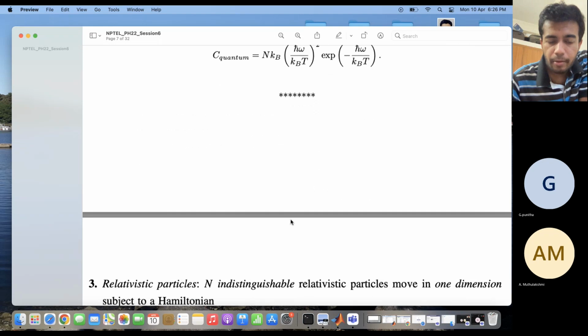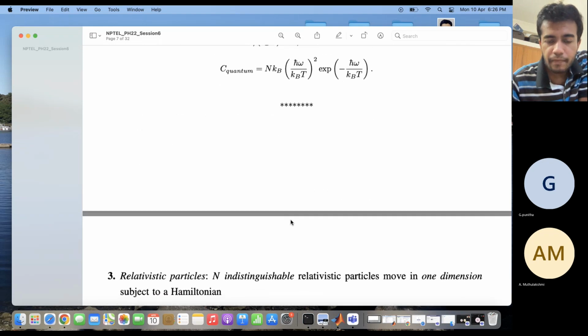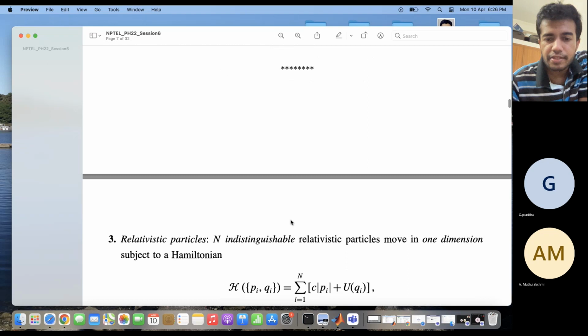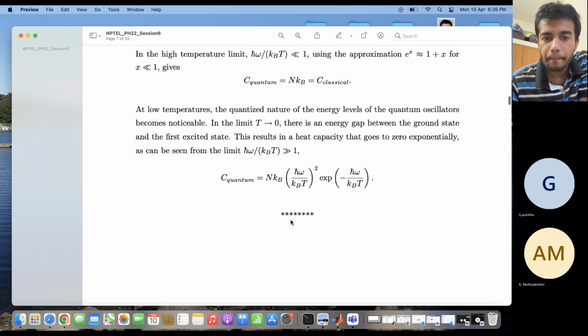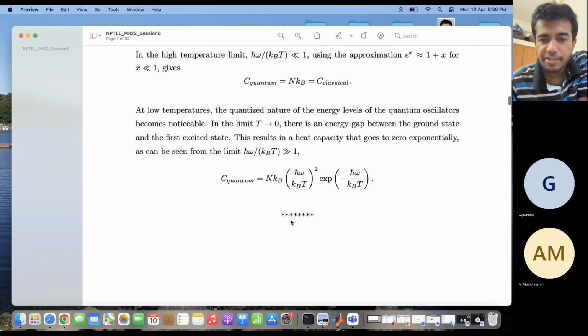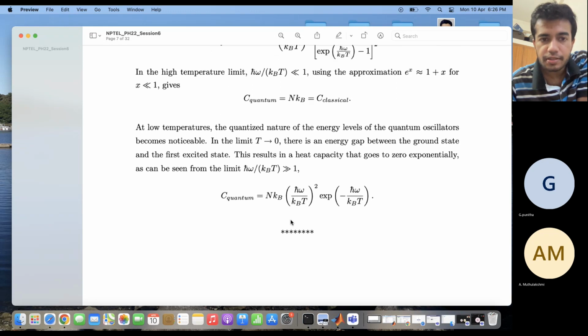Okay, so that solves the problem of a harmonic oscillator. Is there any question or doubt from this? Any place you want to repeat again or any questions?